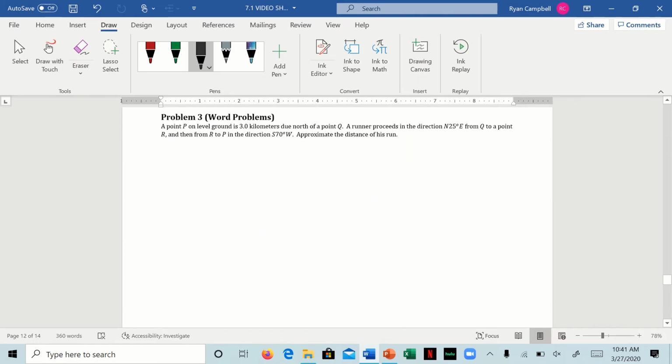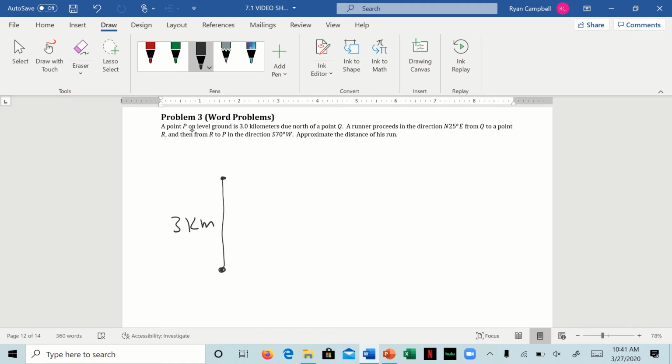All right, so a point P on the ground is 3.0 kilometers due north of point Q. So let's already draw that. All right, so due north, 3 kilometers. It's super important that we read these directions, right?